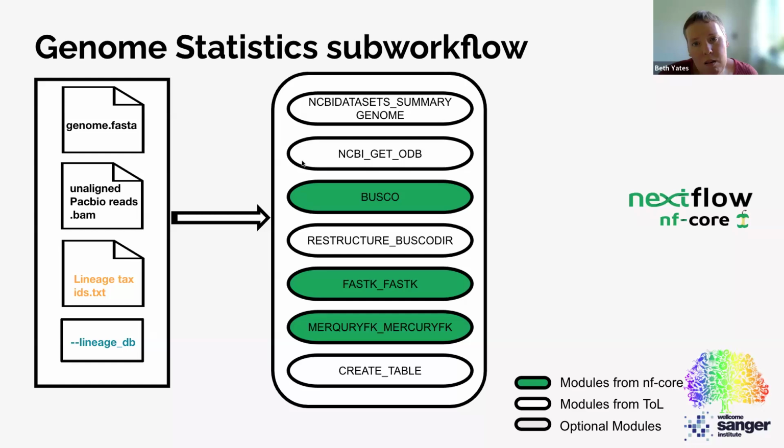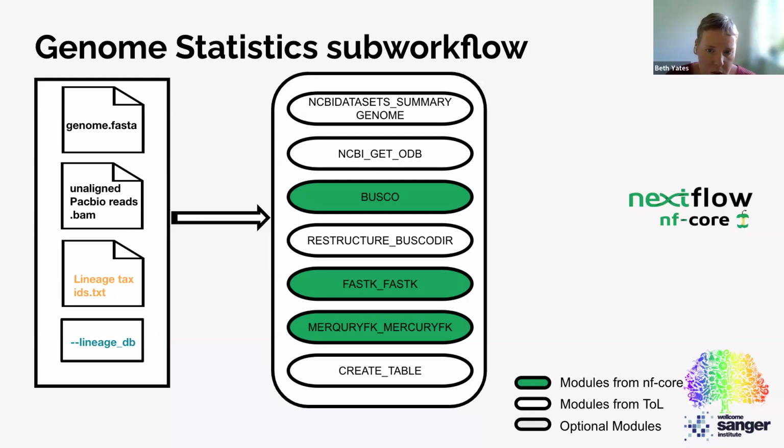So within the genome statistics workflow, we heavily use the NCBI datasets. We actually call summary genome twice, once to get metadata on the assembly, and once to get the chromosome list, which we use in several places in the pipeline. NCBI get ODB, I think, is used to get the lineage information that we use for running Busco.